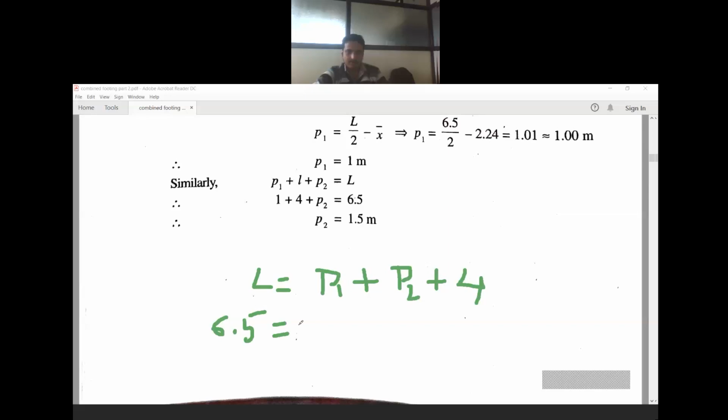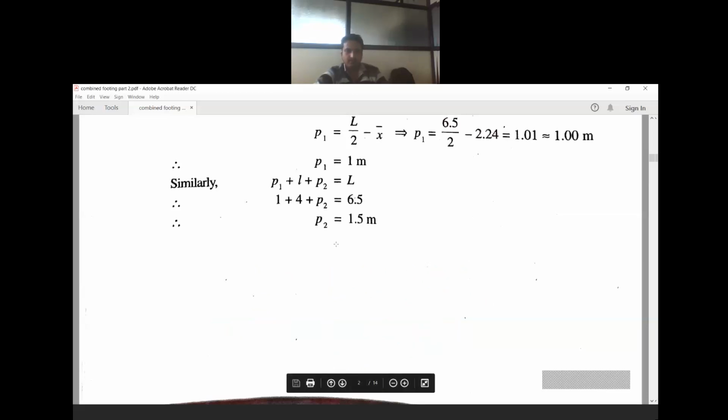P1 is 2.24 plus L by 2, which gives P1 equal to 1 meter. So 1 plus P2 plus 4. Substitute for P2 here: 6.5 minus 1 minus 4, so 6.5 minus 5. So remaining answer will be 1.5.